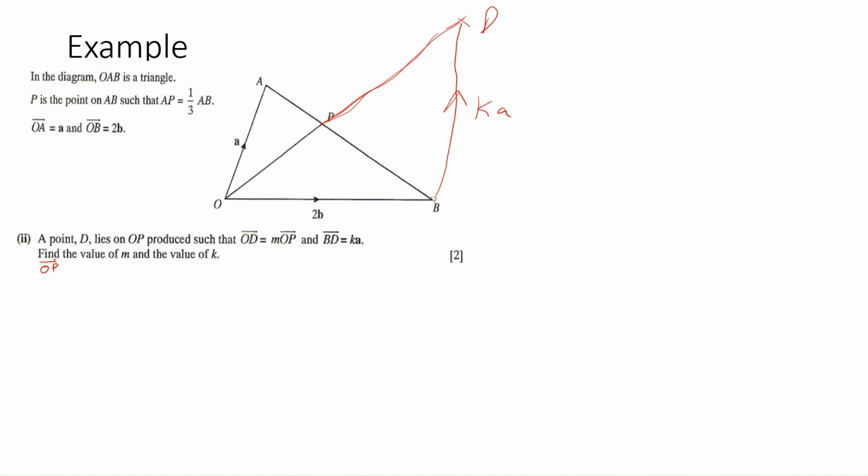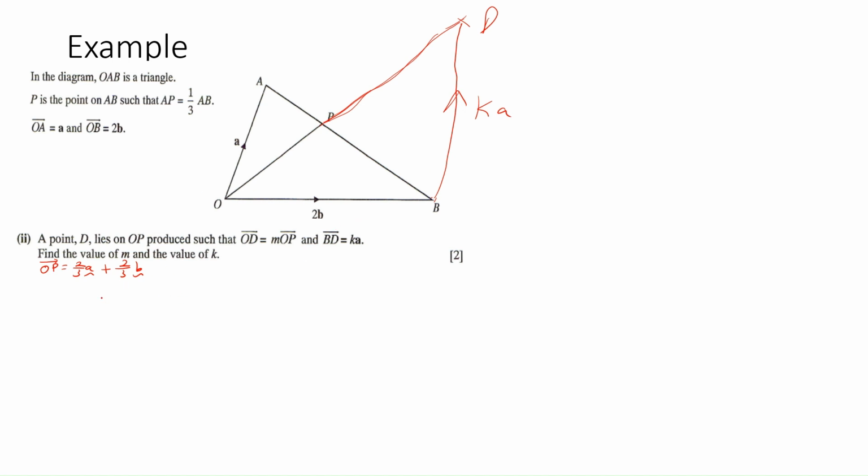OP is 2/3 A plus 2/3 B. Now, this is your vector OP. Since D lies along OP produced, it's MOP. OD is this. KA is BD.